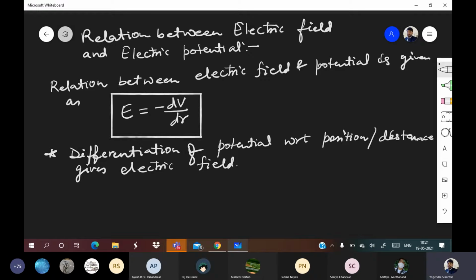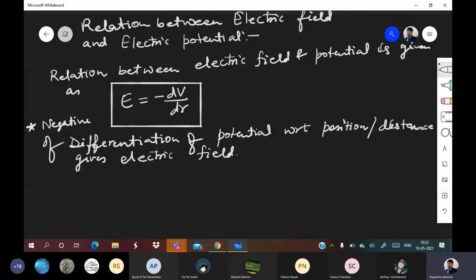All right. And basically the negative sign is also there. So negative differentiation, or negative of differentiation. So let me add that also. Negative of differentiation of potential gives electric field.